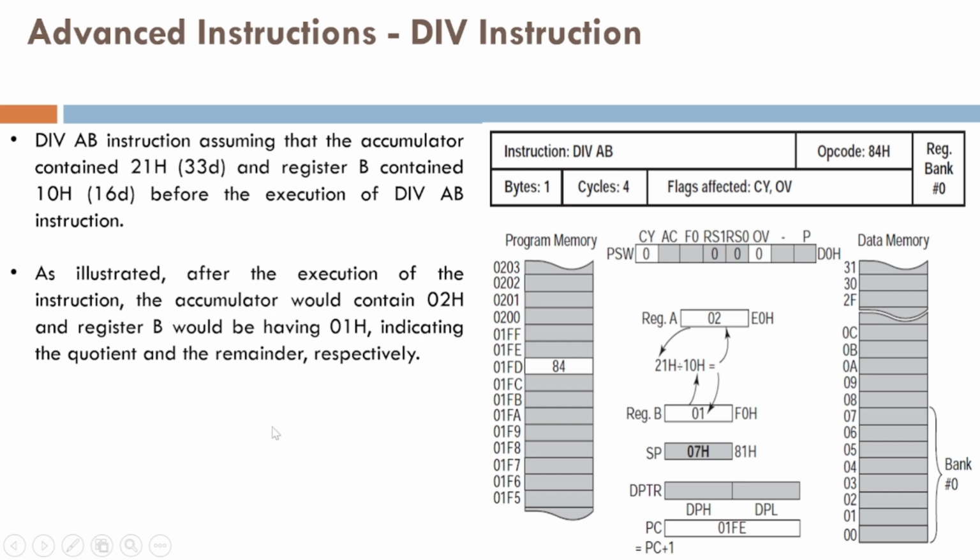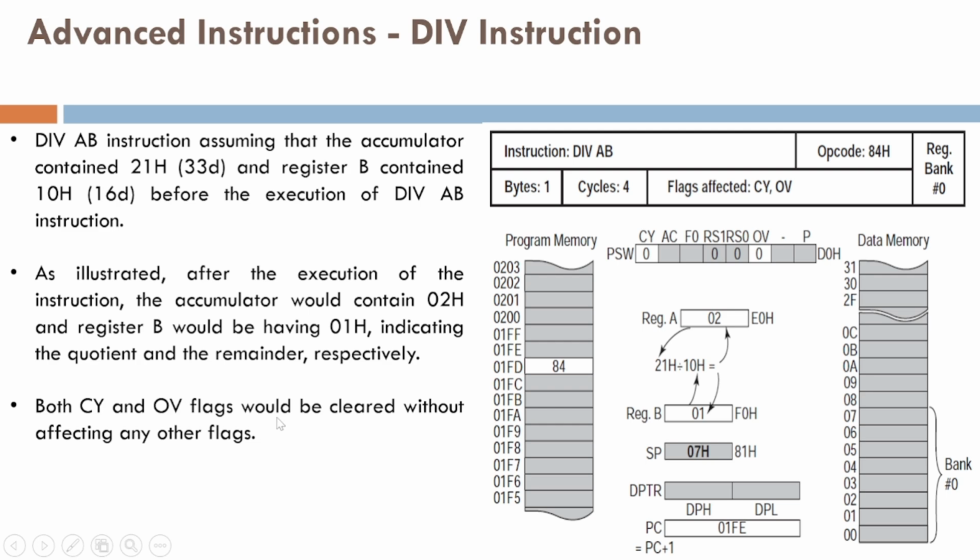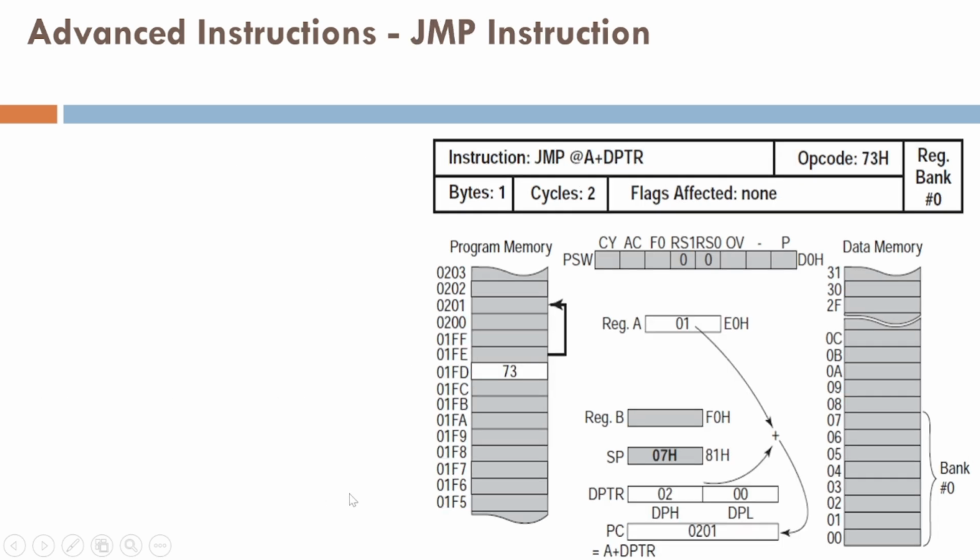After doing that, the accumulator will have the quotient, and the register B would indicate the remainder part of it. Both the carry and the overflow flags will be cleared without affecting any other flags. Then the next part is the jump instruction.